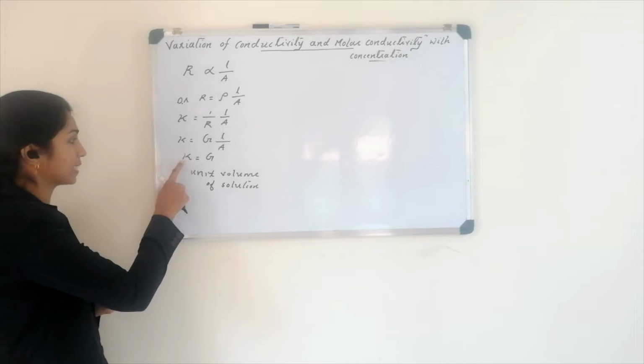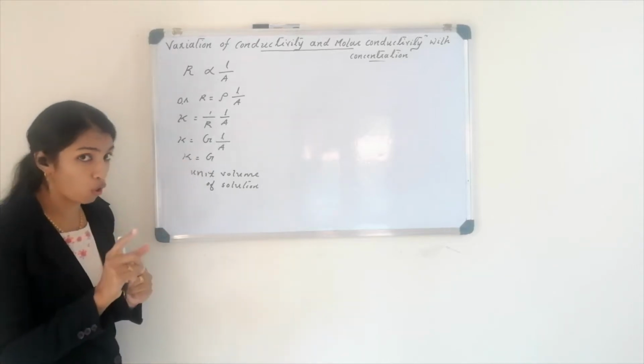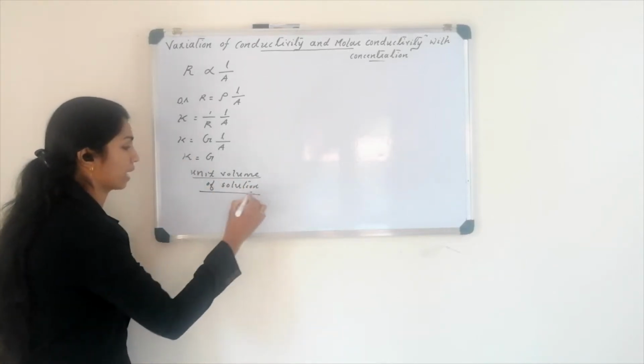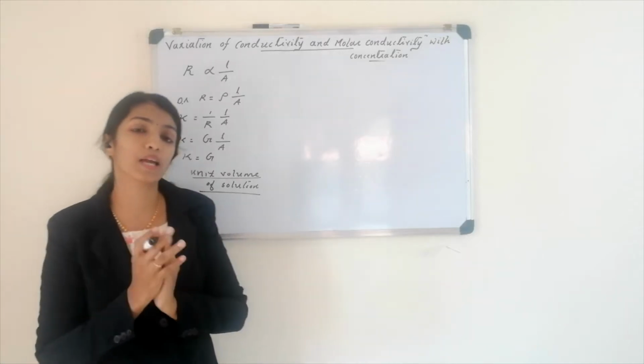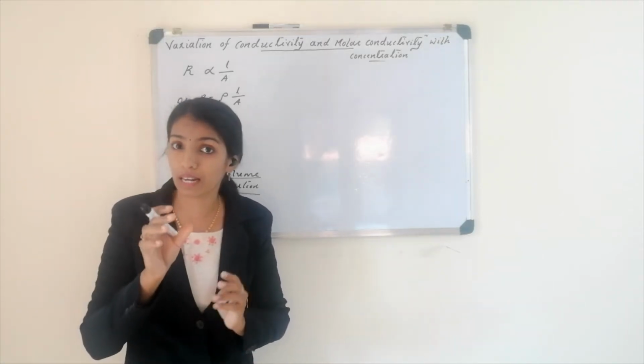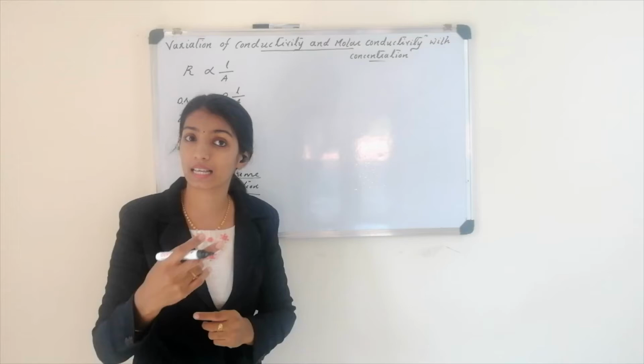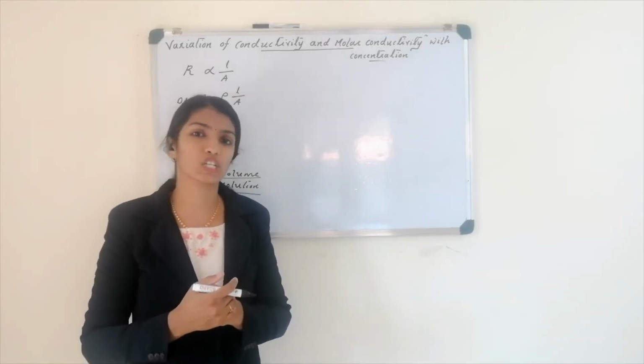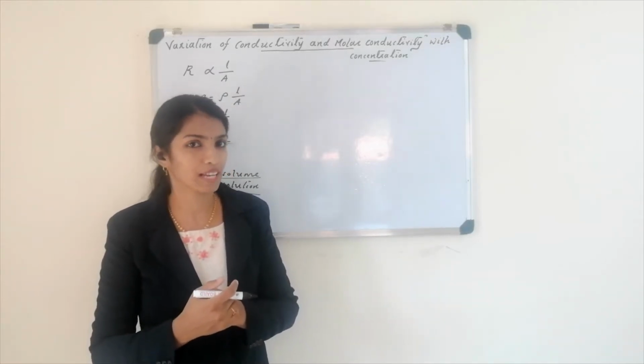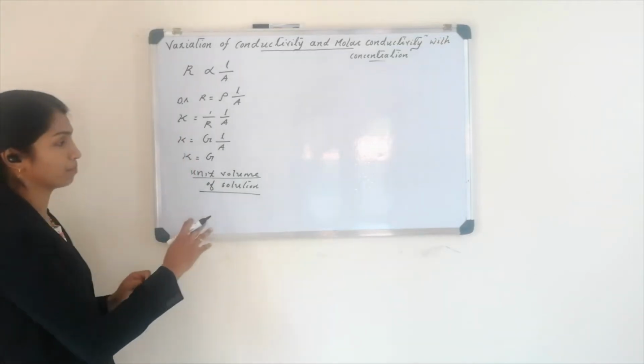So this is very important: conductivity is the conductance of unit volume of a solution kept between two platinum electrodes separated by a distance unity and the area of cross section is also taken as unity. That is the definition for conductivity.